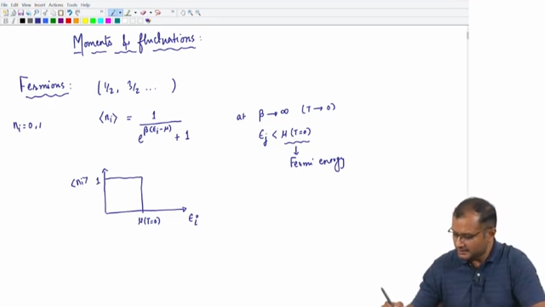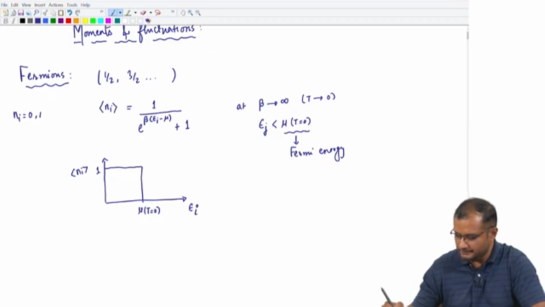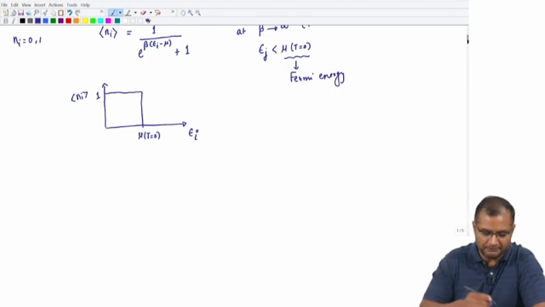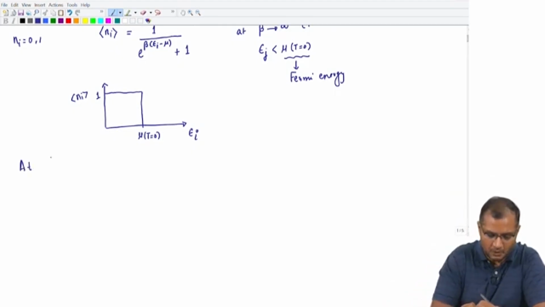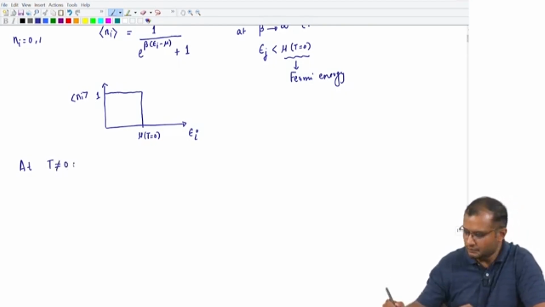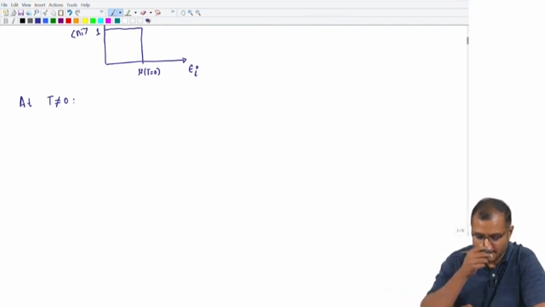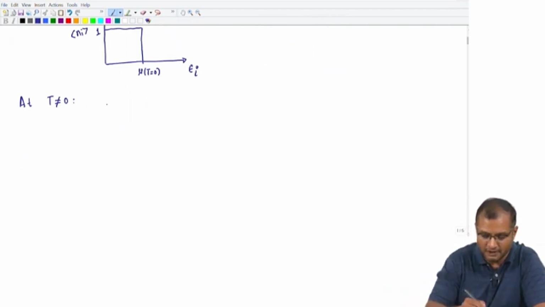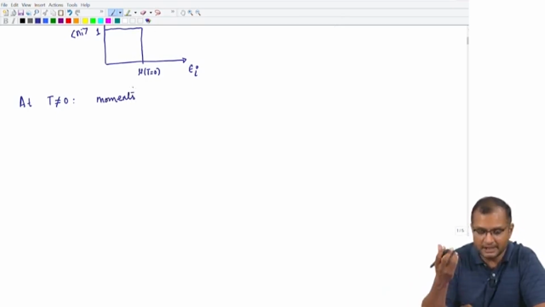Okay. So, if you are interested, for example, at finite temperature, in computing some correlation or moments of the occupation number, then we would be computing functions such as these moments, and I would like to just highlight why these moments are useful here.